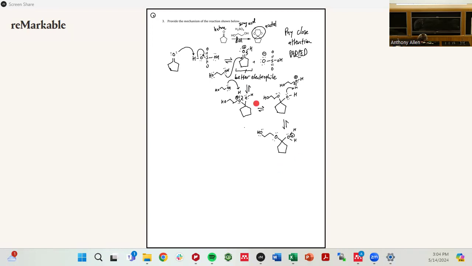The whole point of this sequence of protonating that oxygen was to make this a better what? Leaving group, yes. In this step, E for elimination, I kick out my leaving group.